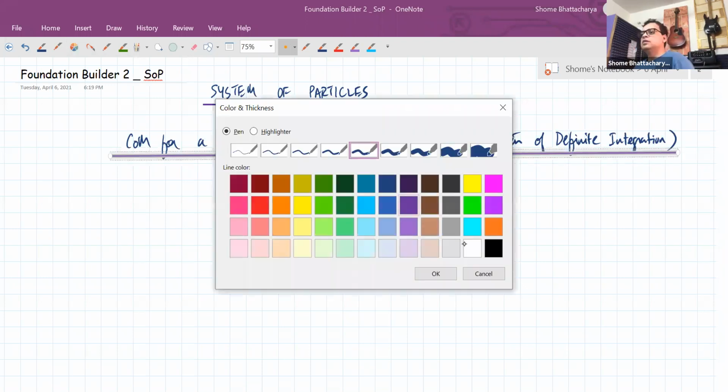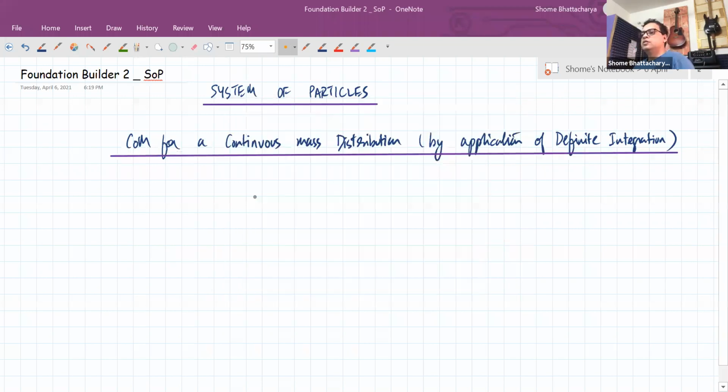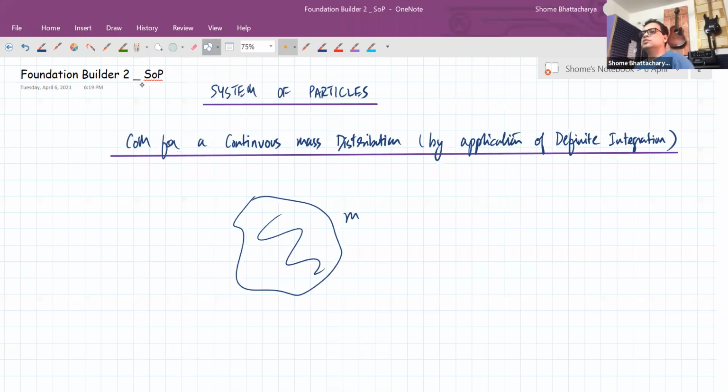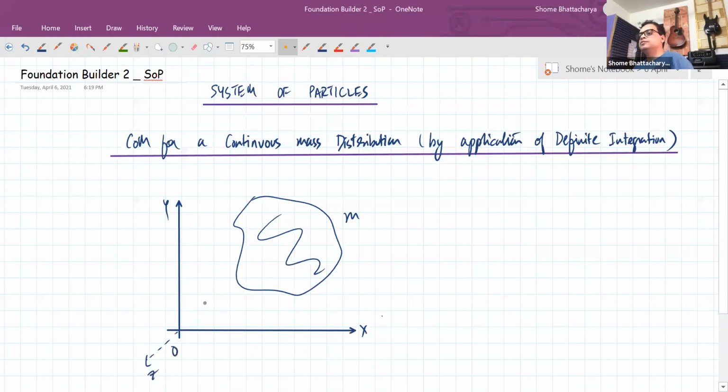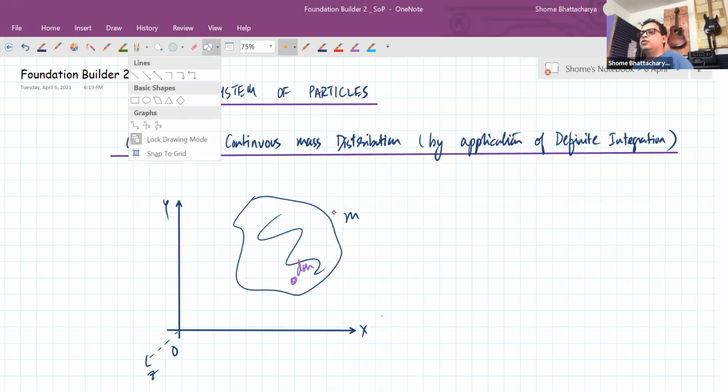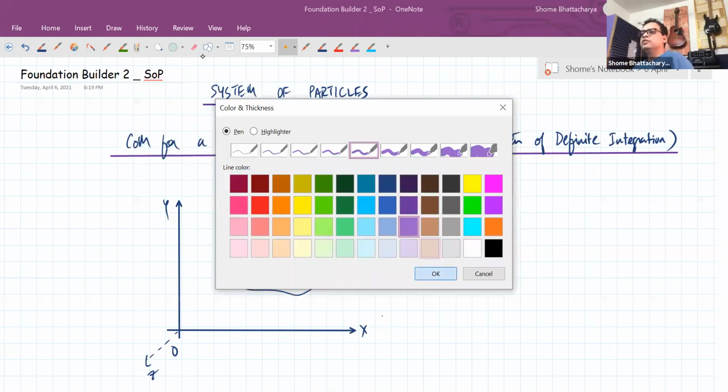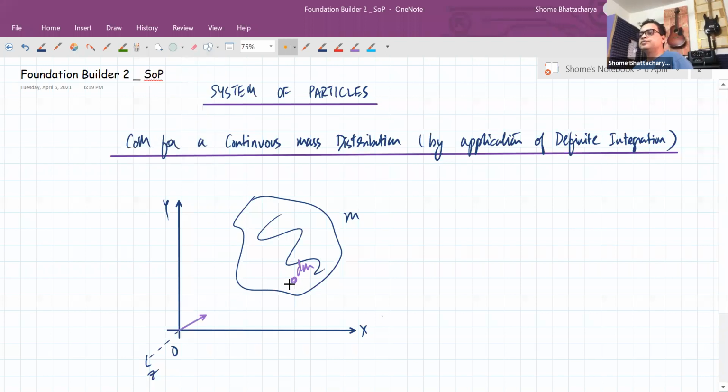So we had seen that in general, if we have any sort of continuous mass distribution like this, with respect to some coordinate frame, and we want to find the position vector of the center of mass, or the individual xyz coordinates of the center of mass, then what we have to do is break this into differential elements, and for each differential element find some way of expressing the position vector r.